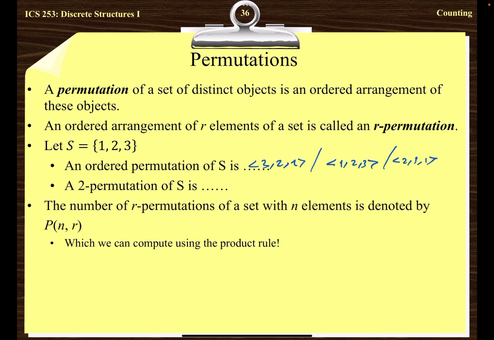Unordered is when, for example, I put them as a set. Is the set {1, 2, 3} different from the set {2, 3, 1}? Is it different from the set {3, 1, 2}? It's not. But are these permutations different? The answer is yes. This permutation is different from this permutation, which is different from this permutation, because I'm imposing an order.